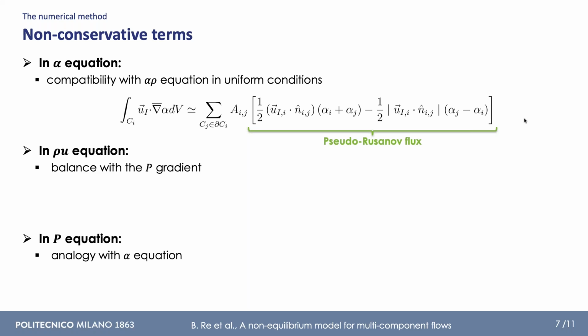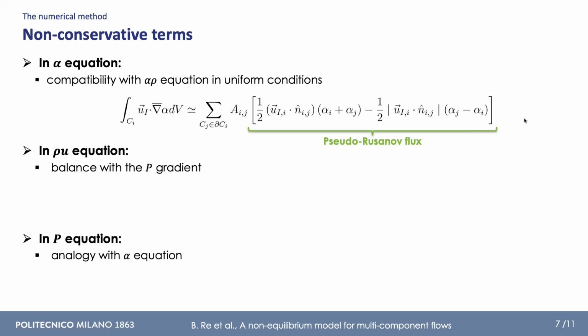If we start with the density equation, which is the one that doesn't contain any non-conservative term, we can write its discrete version. We assume a uniform condition, and in this case, what you have is a compatibility constraint that your volume fraction equation should also satisfy, because the alpha rho equation also contains alpha, and so if you have an equation with the densities uniform, you have an equation for alpha also.